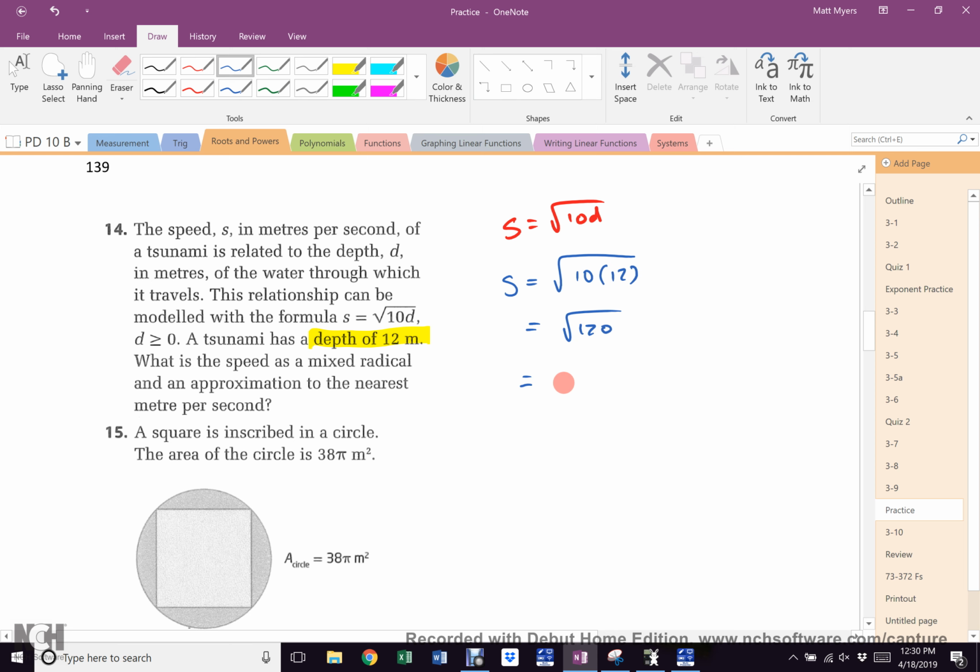Break 120 down. I would use 4 times 30, because 30 is 2 times 3 times 5, right? No pairs. What's the square root of 4? 2 root 30.